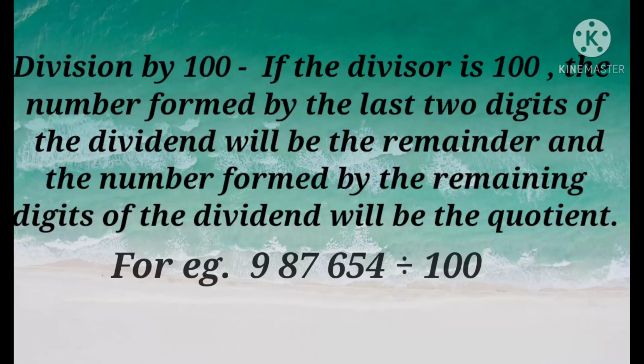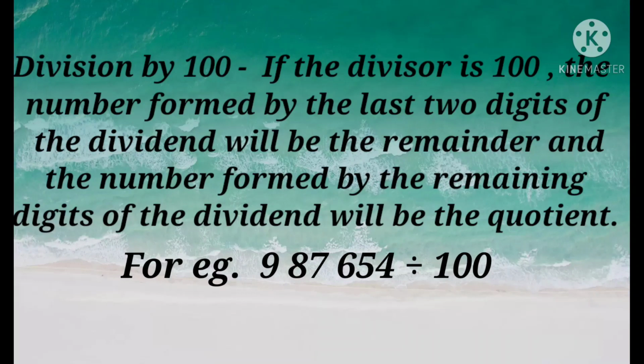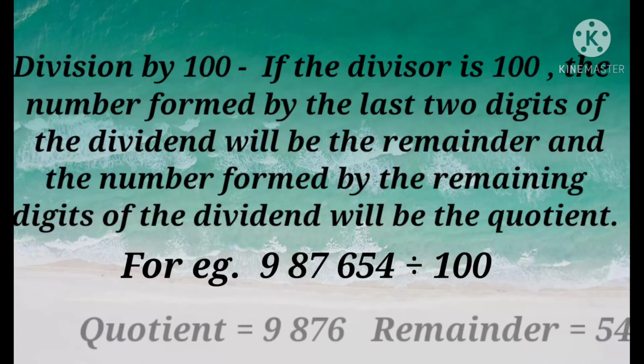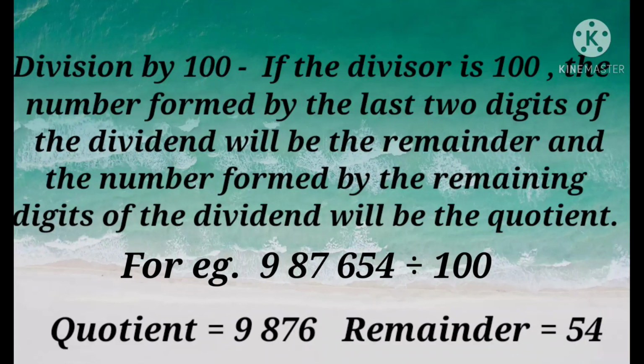For example, 9,87,654 divided by 100. In this, the units place and the tens place digit, that is 54, will be the remainder and the remaining digits, that is 9,876, will be the quotient. The rule for division by 1000, 10,000 is also similar.